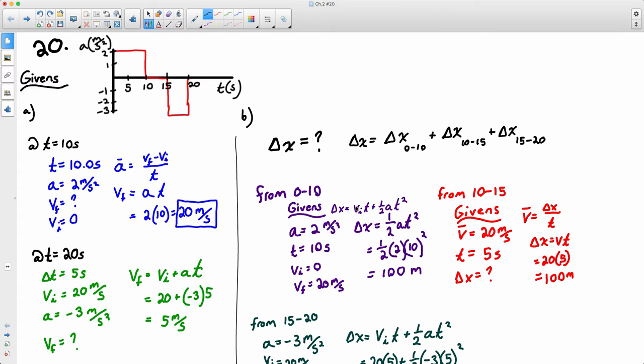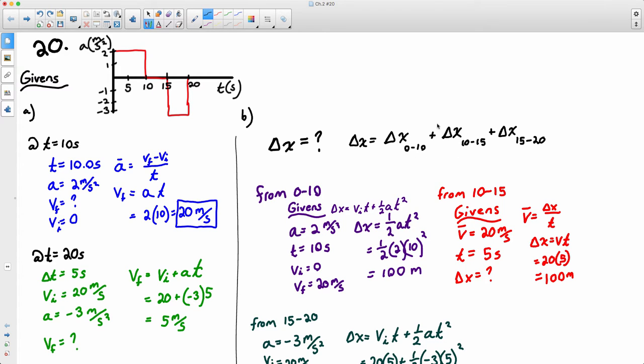This is a constant acceleration formula to solve for your displacement. And so this formula, I'm going to use it. The initial velocity, since that's 0, this whole term will become 0. So I just have delta x is equal to 1/2 a t squared. And then I plug in my values, and I end up with 100 meters for this first section right here.